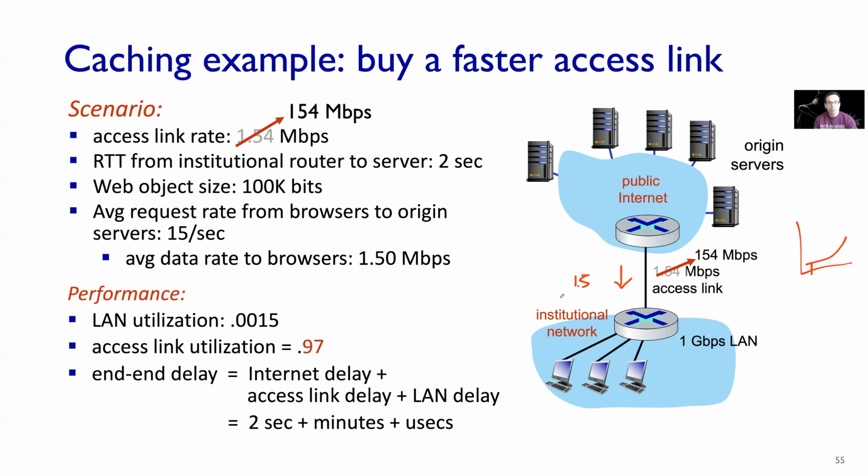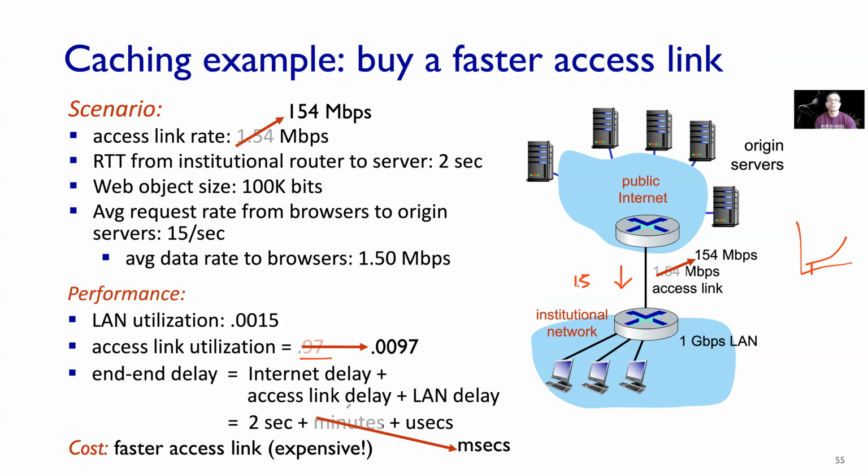Which means now the access link utilization is just 1%, so very low. So the access link delay can now go, that 0.097, so it can go down to milliseconds, right? So effectively we've removed the problem. We've removed the bottleneck here by increasing the capacity of this link.